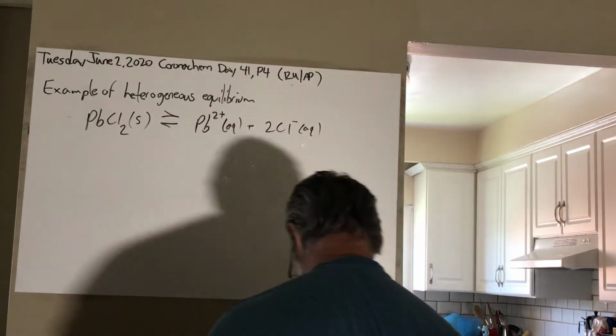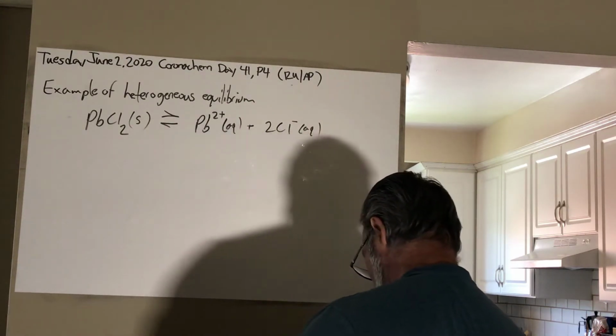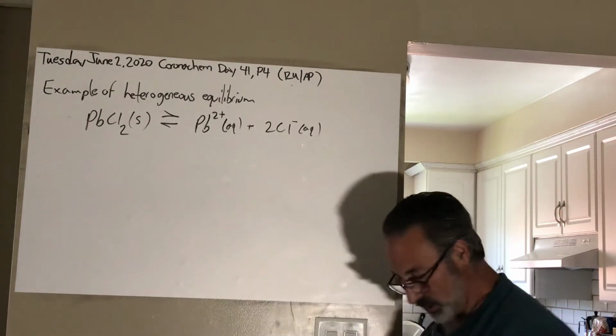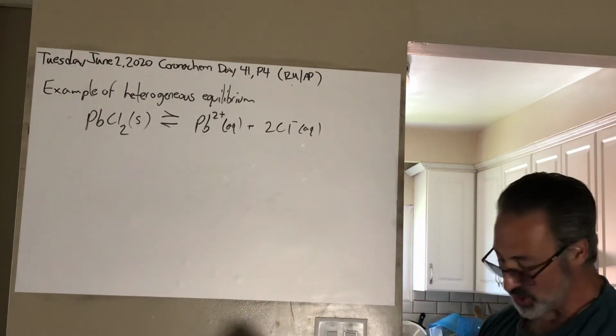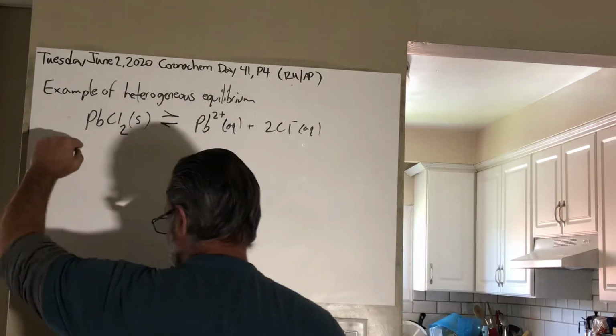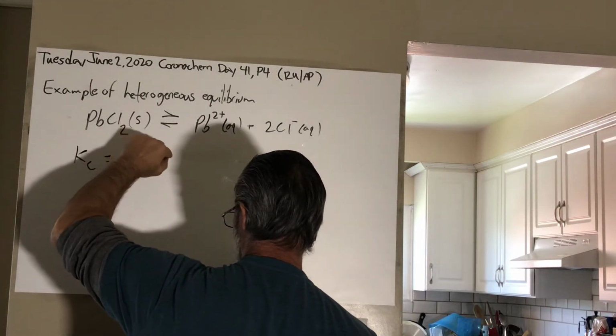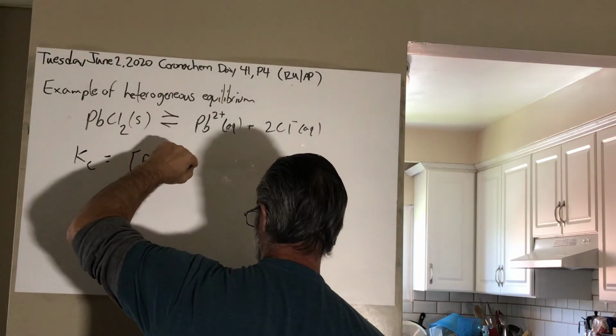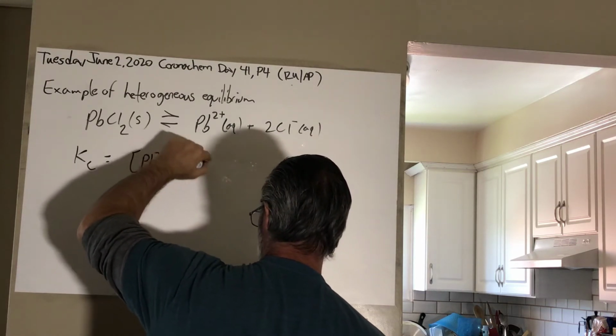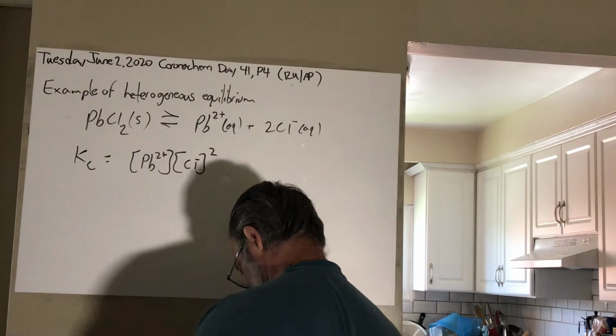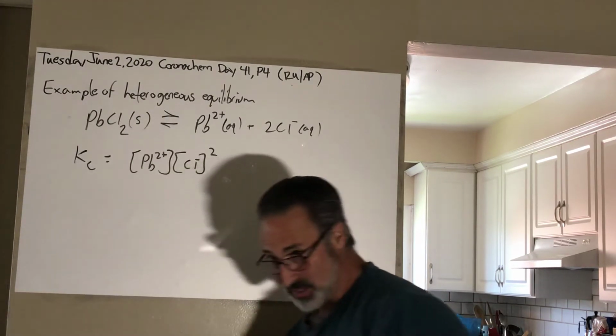It's a heterogeneous equilibrium. The concentration of pure solids and liquids are not included in the equilibrium constant expression. So Kc will be equal to the concentration of plumbous ions times the concentration of chloride ions to the power of 2.